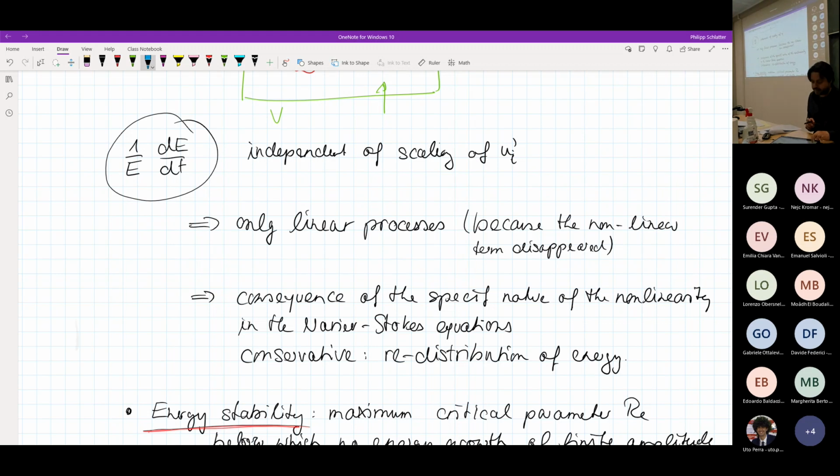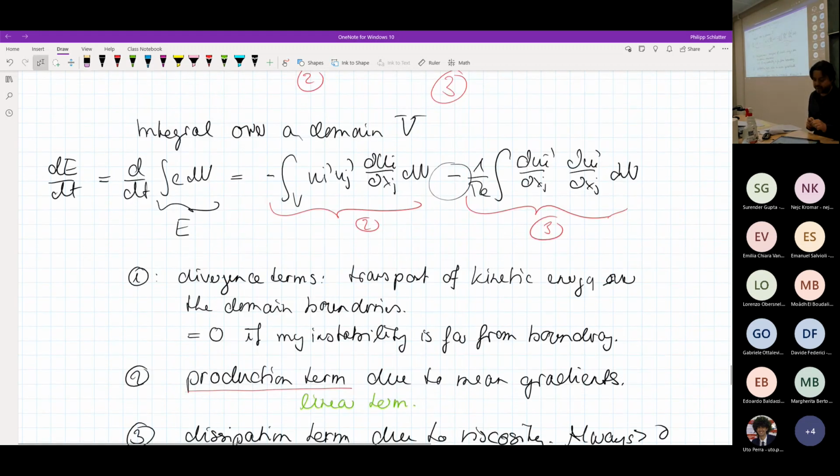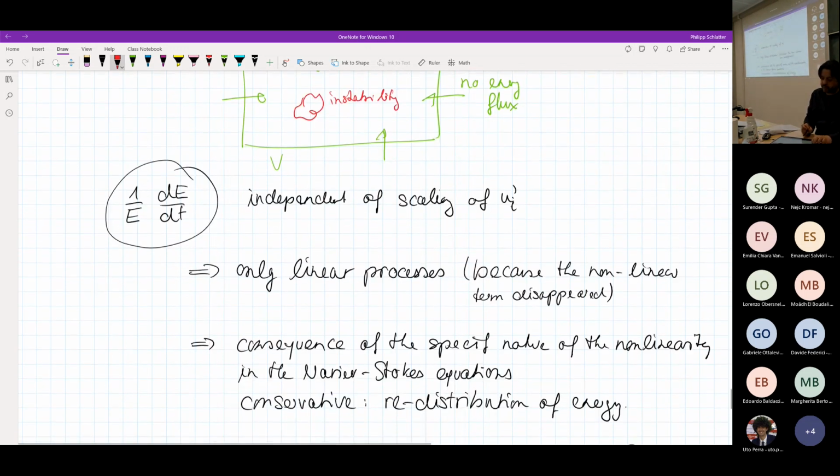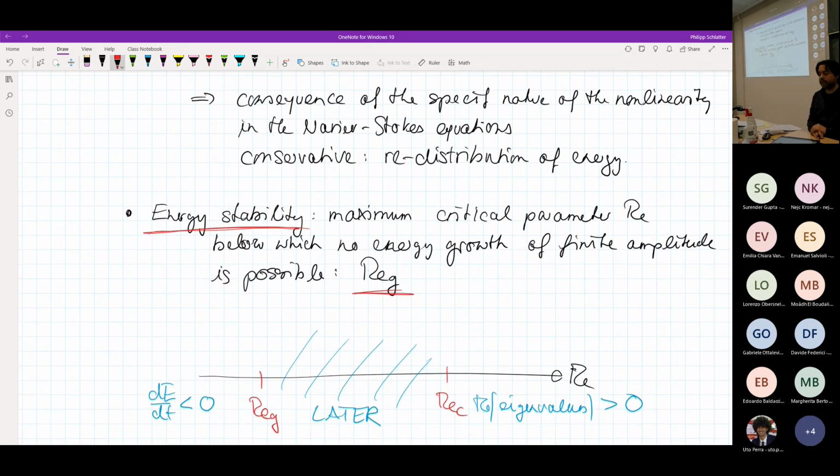Actually, there's one thing that I forgot to say, namely that this equation here has even a name, and this is the so-called Reynolds-Orr equation. The Reynolds-Orr equation, which is the one that describes the growth of the energy over a domain, is the one that tells me whether or not I have energy stability.